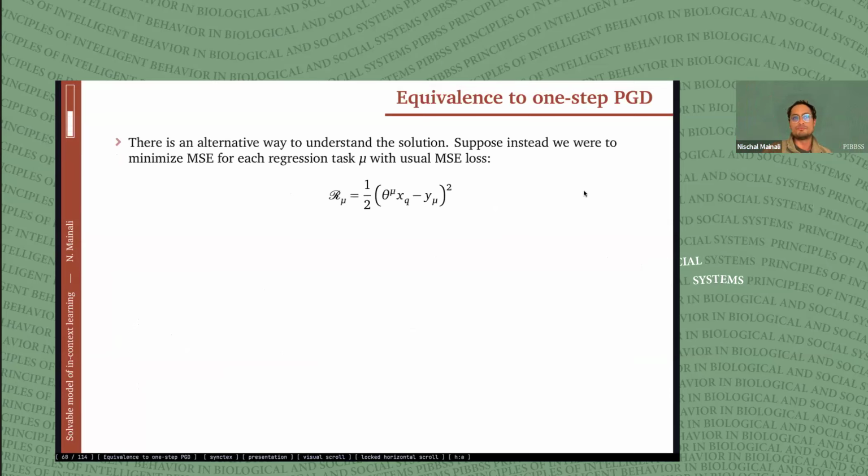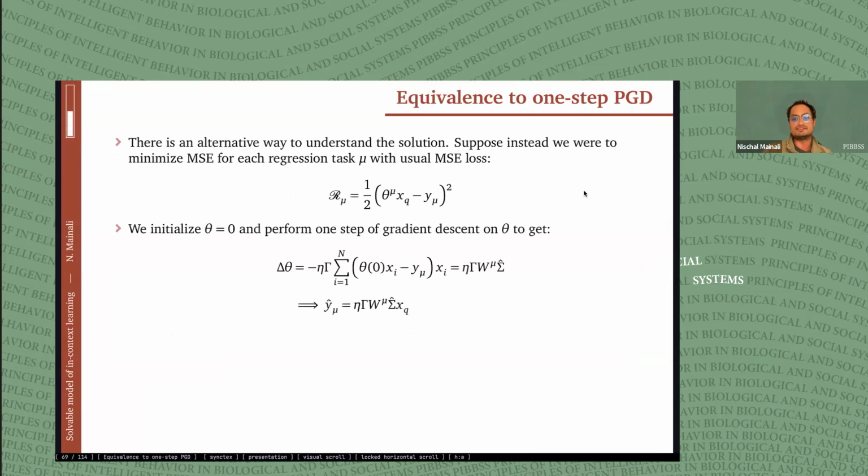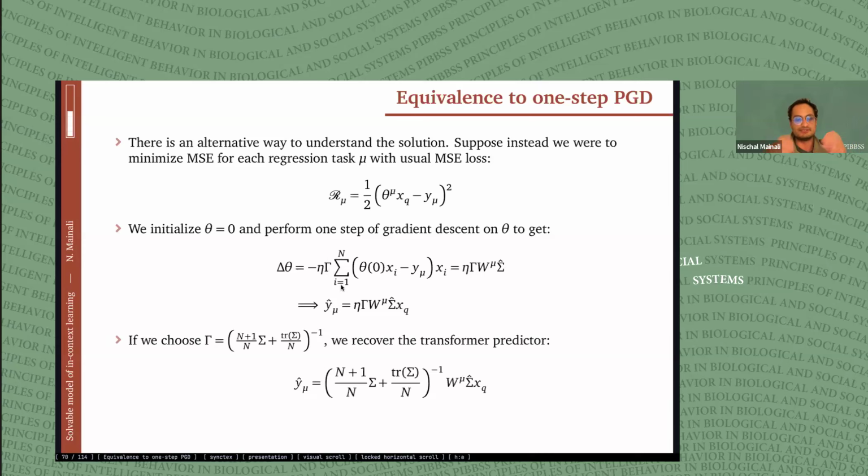And in fact, if you don't do perfect minimization and only take one-step gradient descent, with some preconditioner, some kind of scaling eta, you will find that for some choice of eta, which in our case has to be this quantity that we saw before, it exactly matches the algorithm that the frozen-weight linear transformer learns.